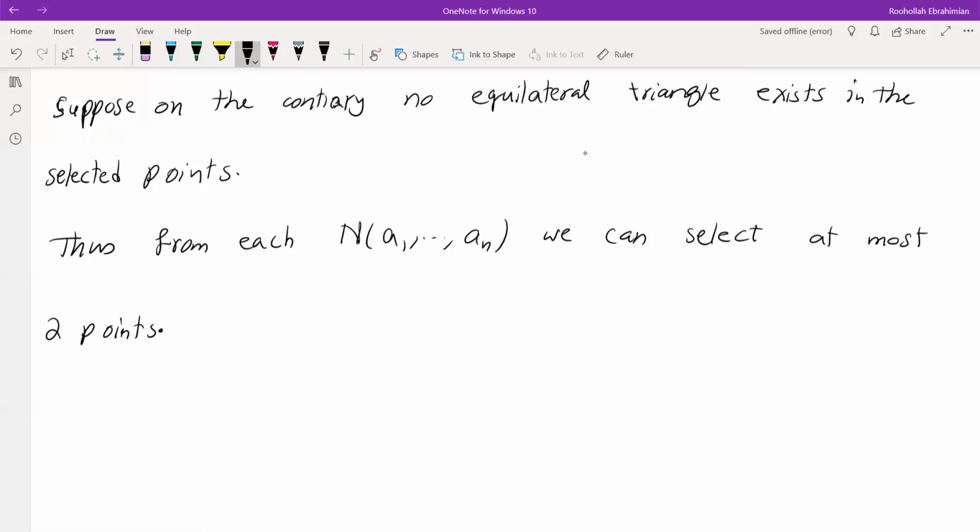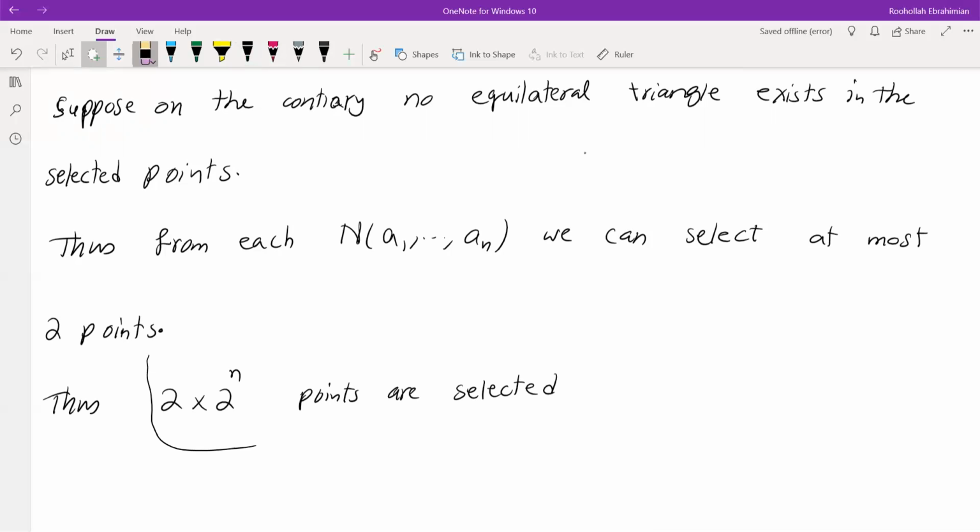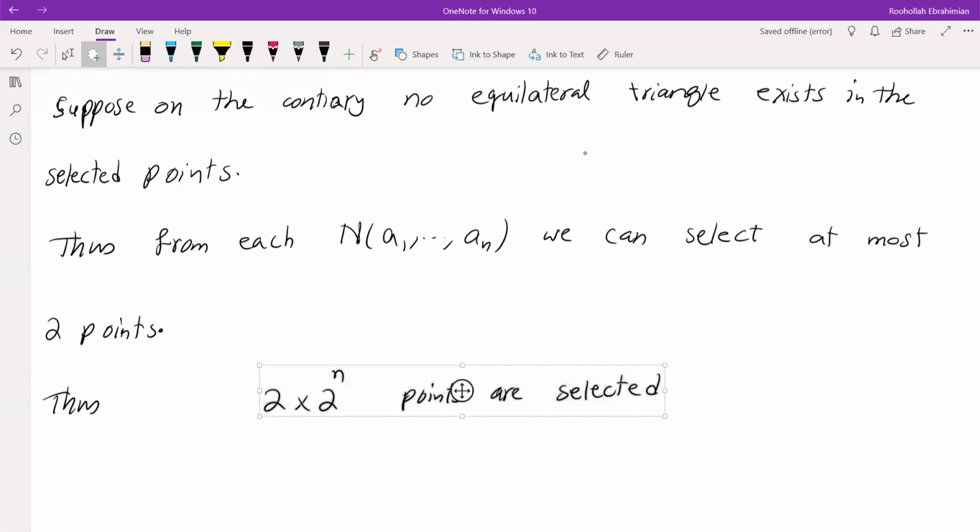Thus, at most 2 times 2 to the power of n points are selected. I have to say at most, because you may select less than 2 from one of them. So at most 2 times that number of points are selected.